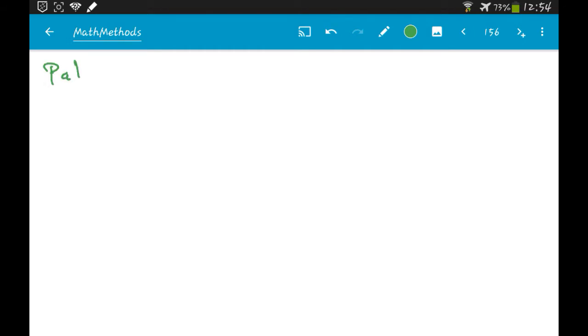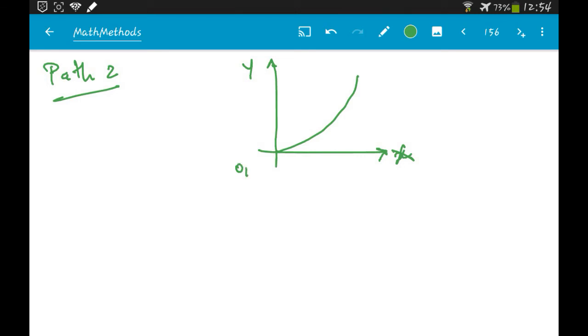Next is path 2. So what is path 2? Path 2 was a parabola, right? So we have from 0, 0 to 2, 1, but this is a parabola. So what is the equation of a parabola, right?